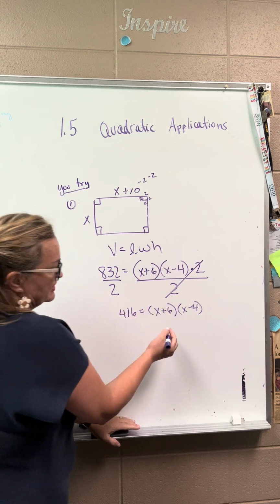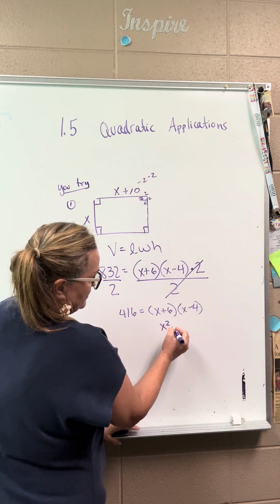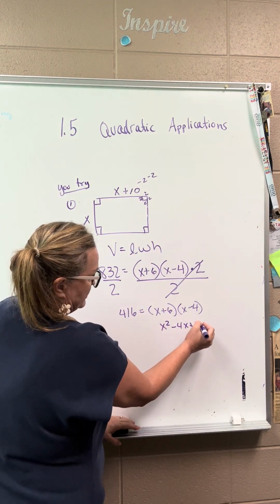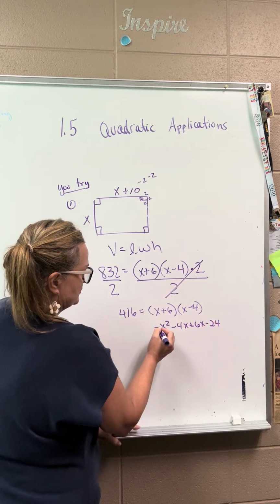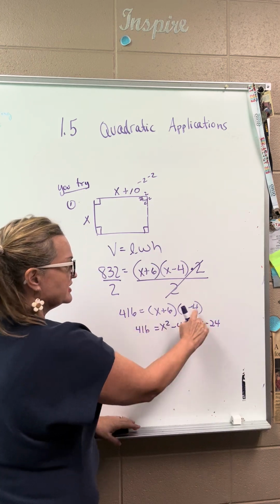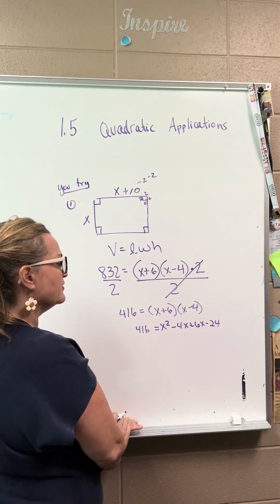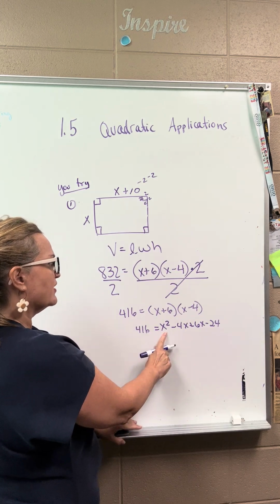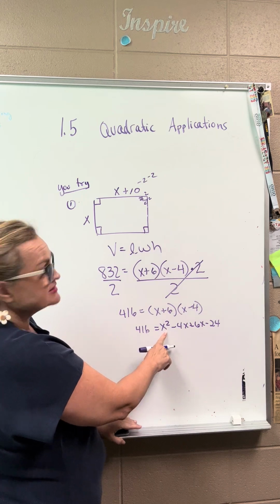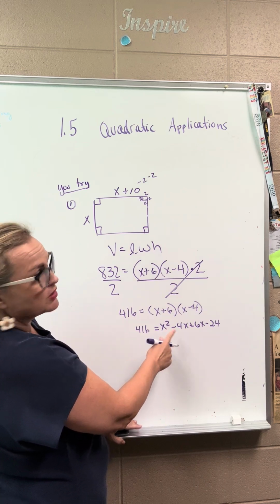So now we've got to FOIL: outer, outer, inner, inner, last, last. Use your FOIL method to clean that up or multiply all that out. And then we see our quadratic. X squared is what makes everything in section 1.5 quadratic.